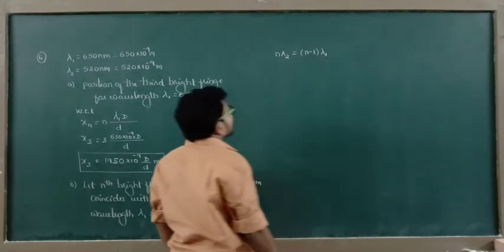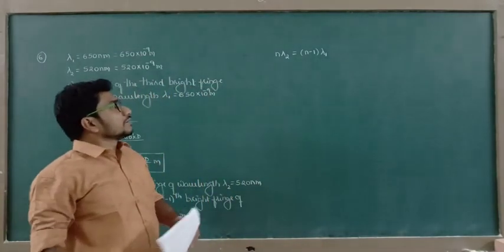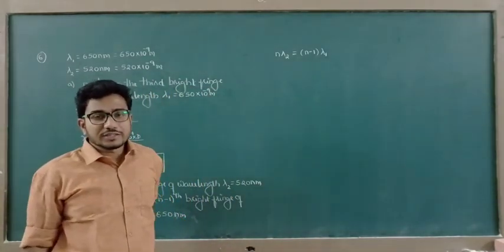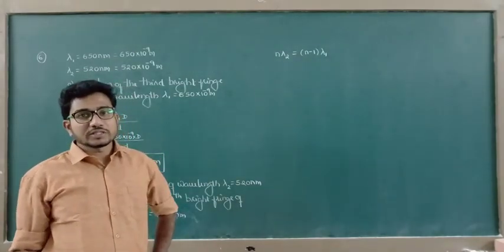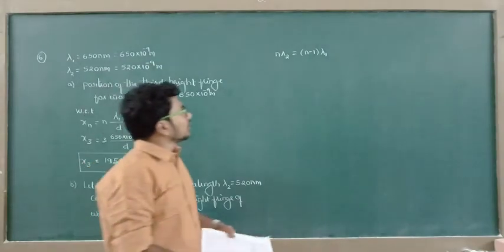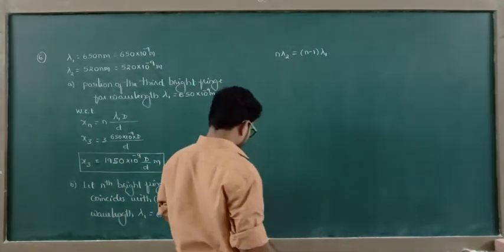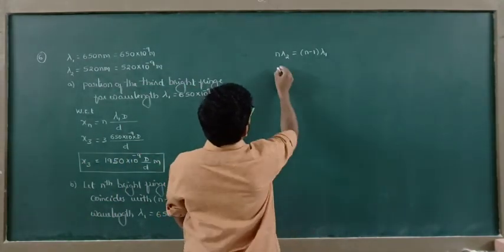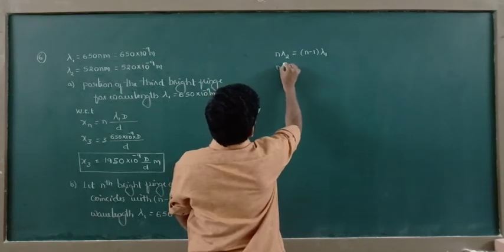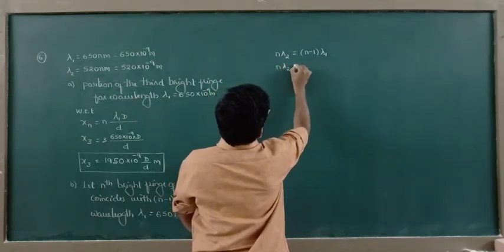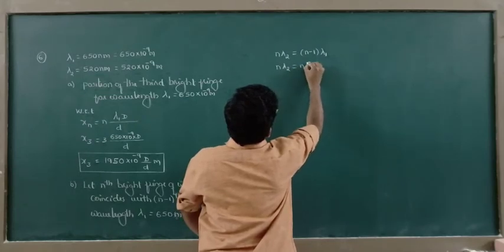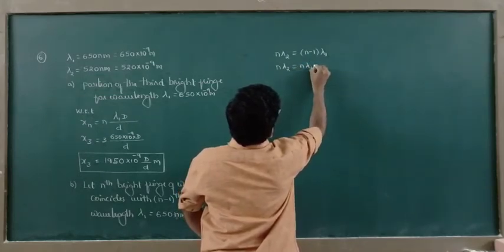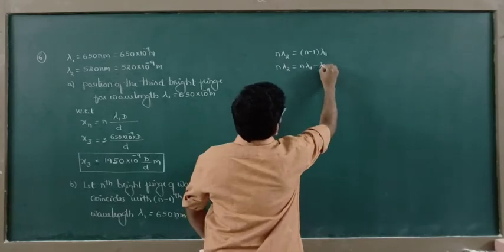Now we can get the order of that fringe, that is, which fringe with respect to lambda 1 and with respect to lambda 2 coincide with each other. Solve this equation. n lambda 2 is equal to n lambda 1 minus lambda 1.